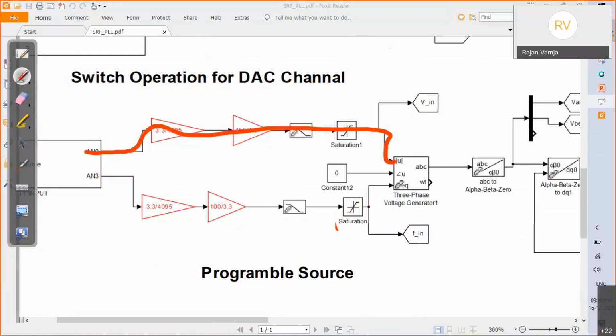This block is the three-phase voltage generator.